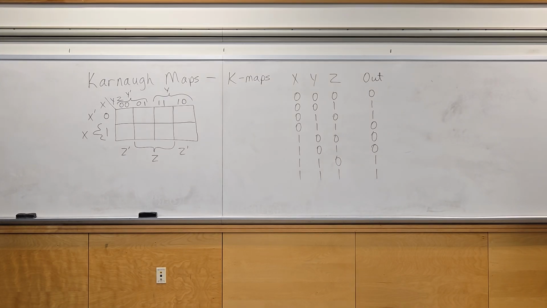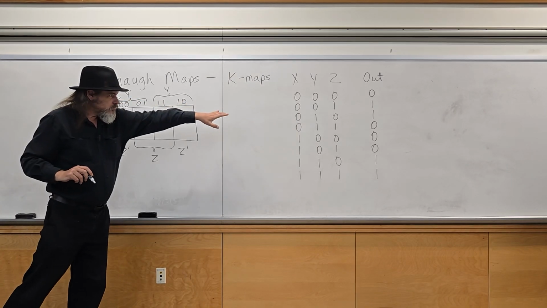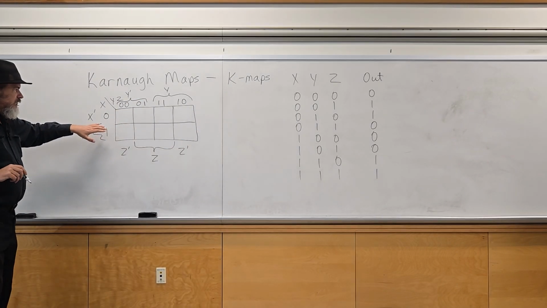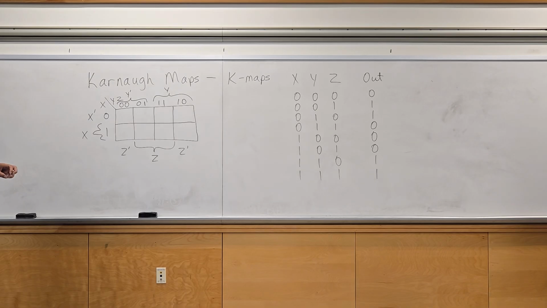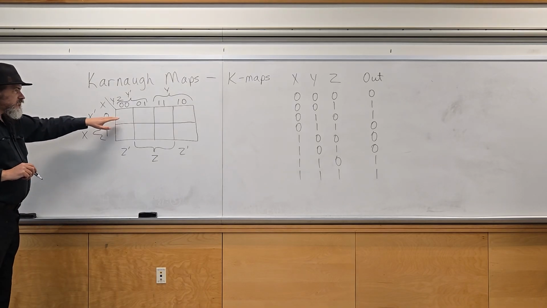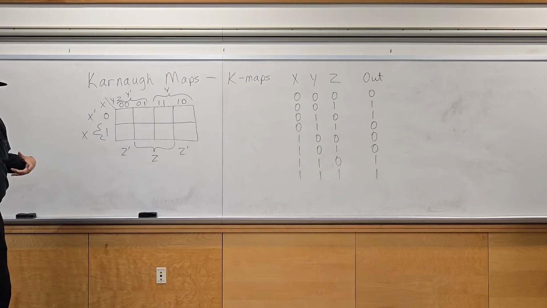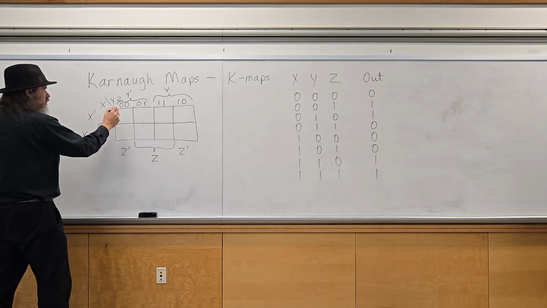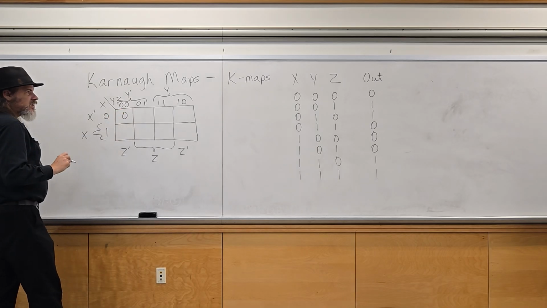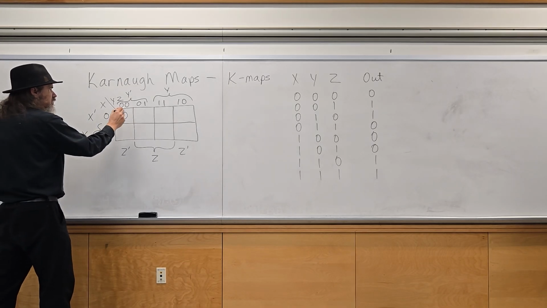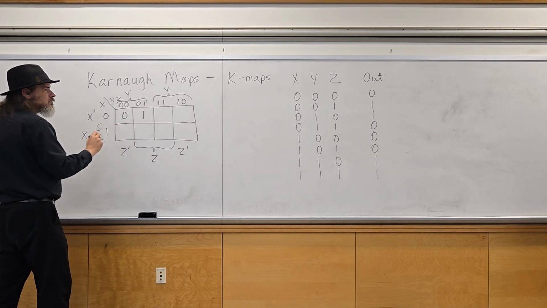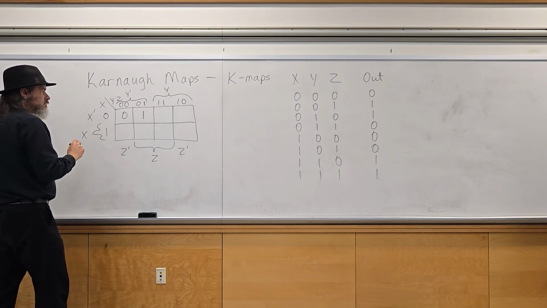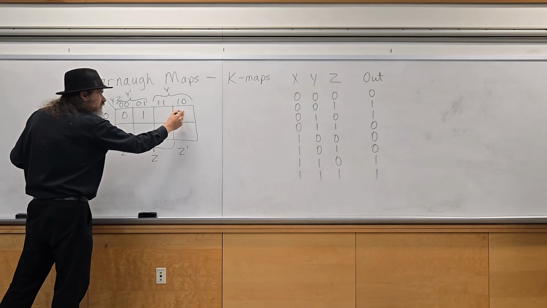Okay. Now to translate this state table into the Carnot map, you look at it the same way as we did for the 2x2. It's just with 3 variables. So 0, 0, 0 is going to be 0, 0, 0, 0, 0, 1, 0, 1, 0 is going to be over here.